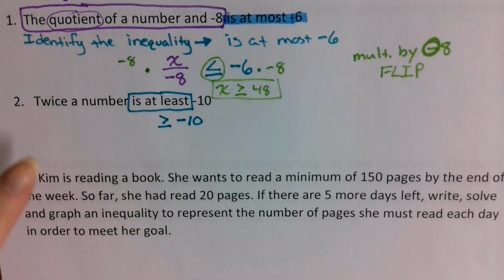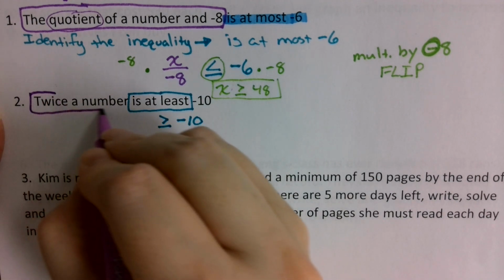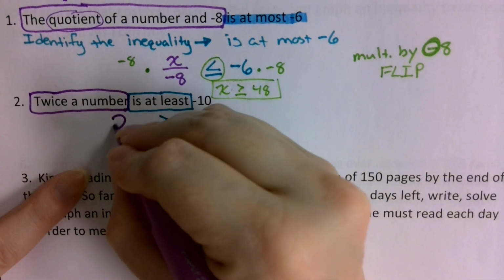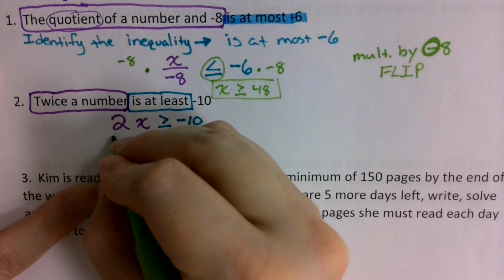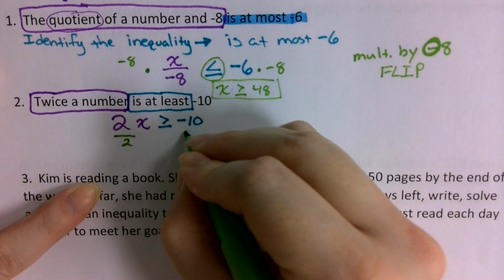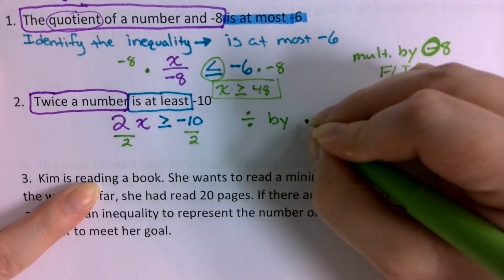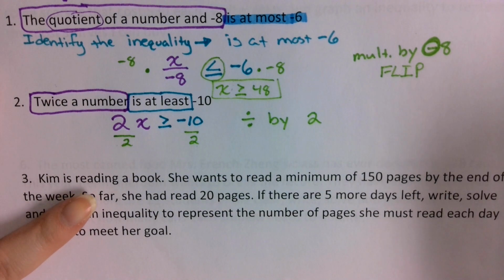Okay, twice a number. What operation is twice a number? Multiplication by 2. So this is 2x. 2x is greater than or equal to negative 10. All right, now to solve I would divide both sides by 2. So if I'm dividing by a positive 2, am I going to keep or flip?